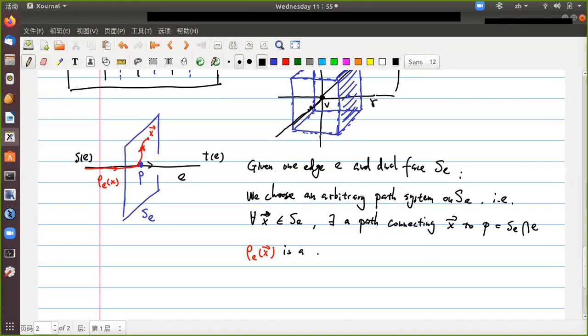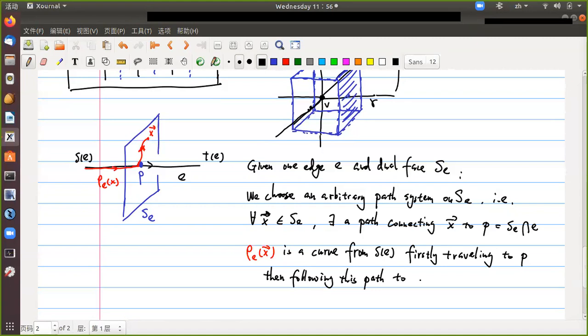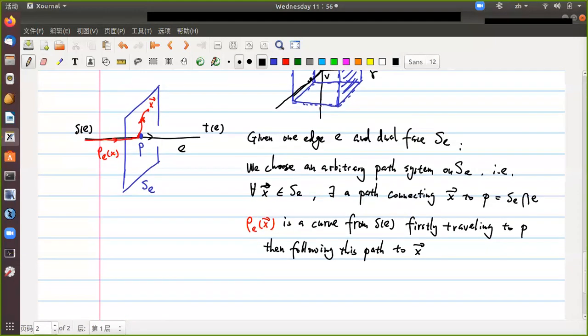Okay, and what is this rho_{E,X}? It is a curve from the source of E, firstly traveling to the intersection point P, then following these paths to the point X. Okay, so here we firstly define a path system on the dual surface, and then we define this curve rho_{E,X}.